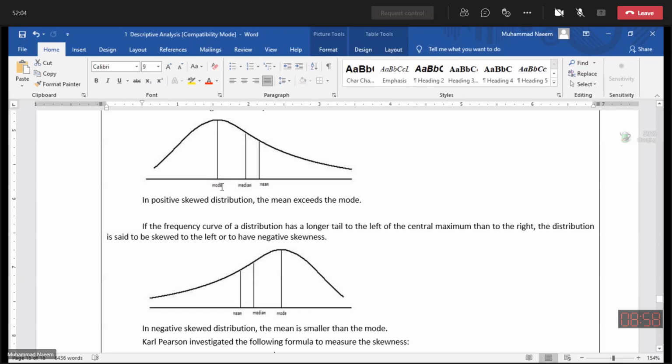To recognize this positively skewed is that when mode is less than median, then definitely the distribution is positively skewed, or mode is less than mean, then all these three values will not be at the same point. We have mean value on the right hand side, mode against the highest peak, and median in between these two values.